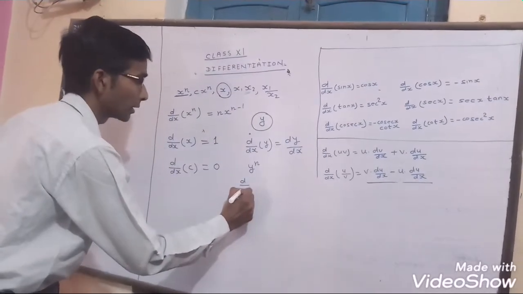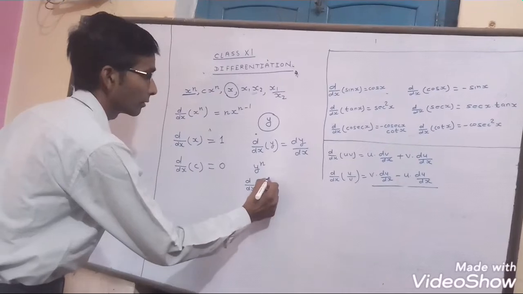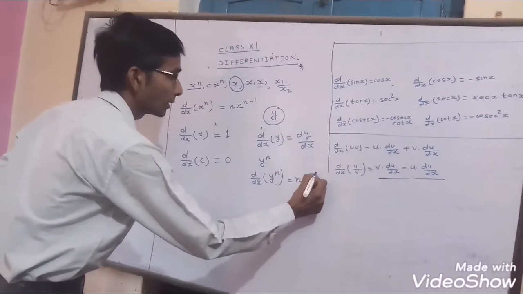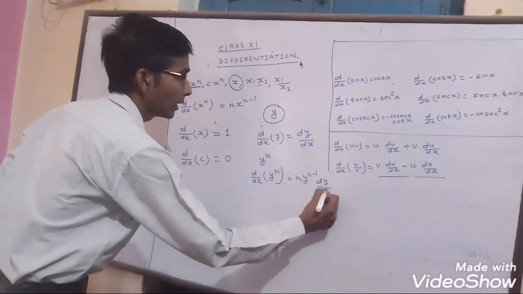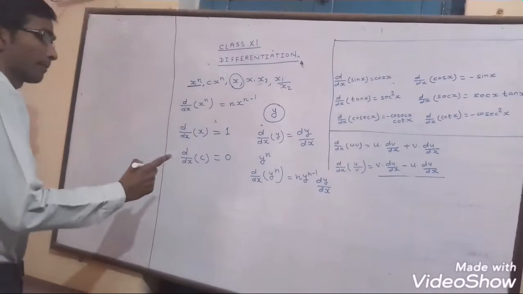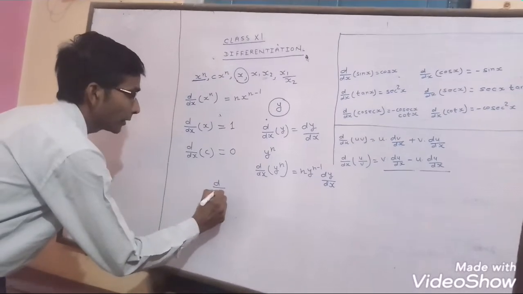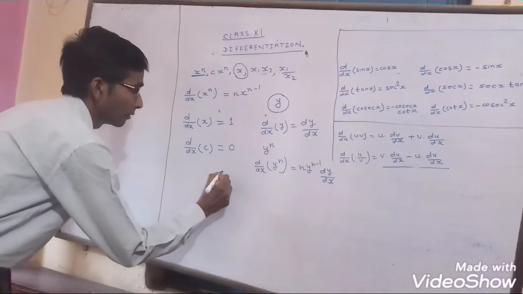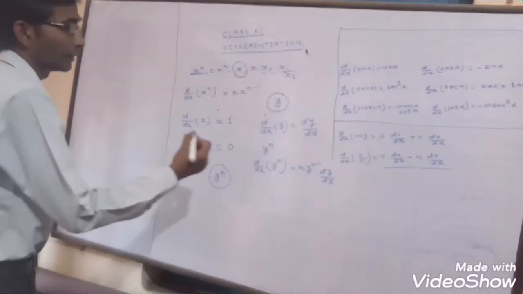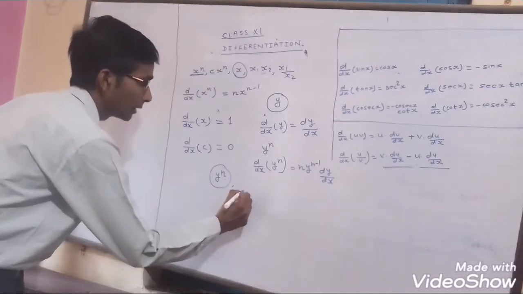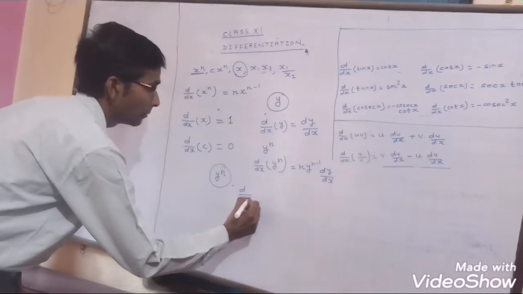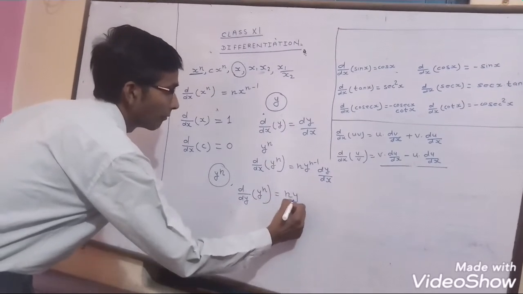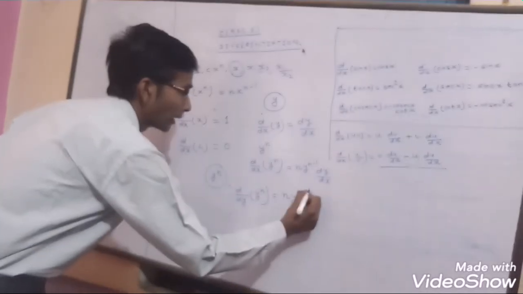We can write d by dx y^n equals n y^(n-1) dy by dx. But if we have to differentiate the term y^n in respect of y, then we can write d by dy and y^n, and the answer is simple, n y^(n-1).